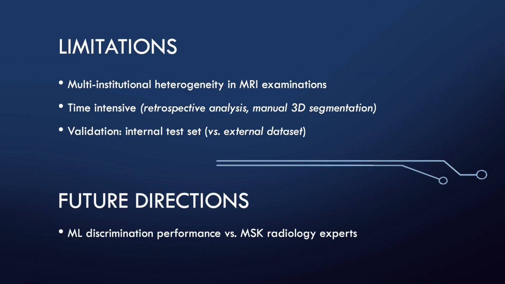This study was performed at a tertiary referral center, and the available pretreatment MRI examinations were heterogeneous in nature. Many examinations were performed at outside imaging centers with variable MRI system field strengths, vendors, models, operating software, pulse sequences, and sequence acquisition parameters.